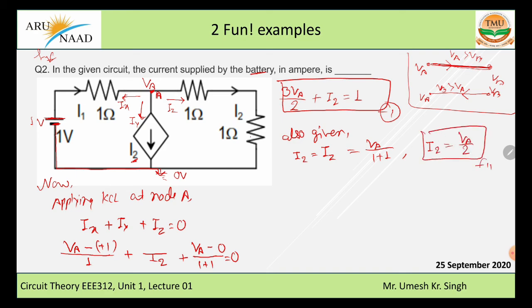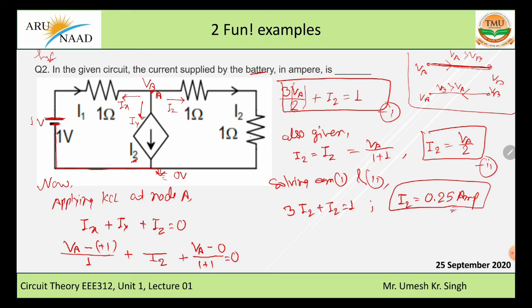This is our second equation. Now we replace VA by 2 with I2. Solving equations 1 and 2, we get 3I2 plus I2 is equal to 1, so I2 is equal to 0.25 ampere.